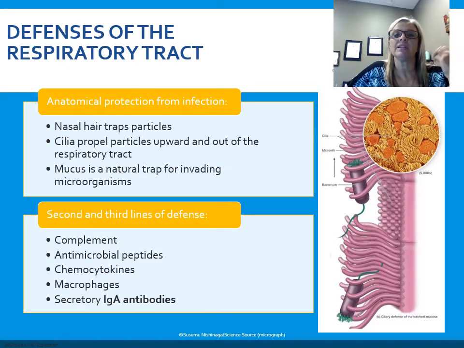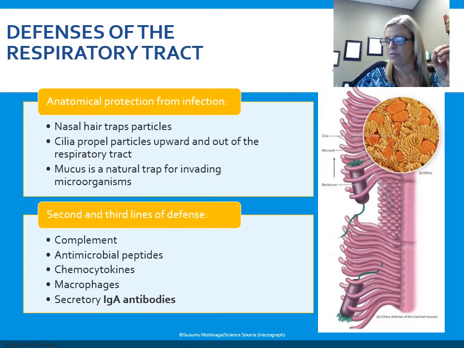Ciliated epithelium acts in what we call the ciliary escalator to sweep that mucus and the microbes along with it out of the body. Then we also have the involuntary responses like coughing, sneezing, and swallowing that can help move them out as well. These are part of our first line of defense.